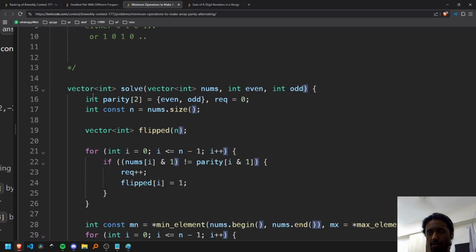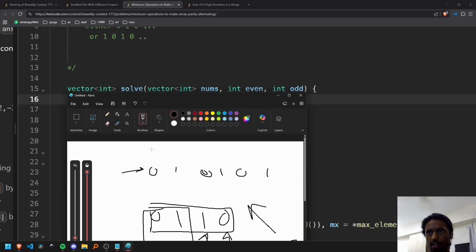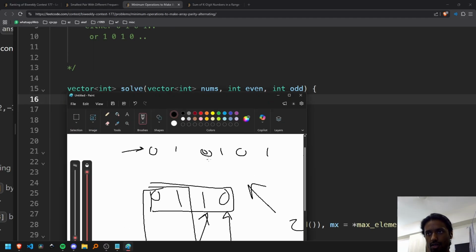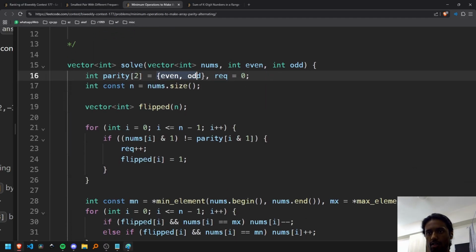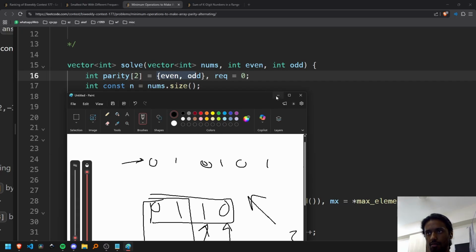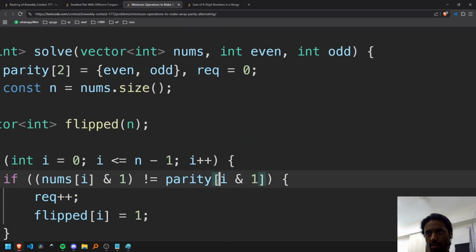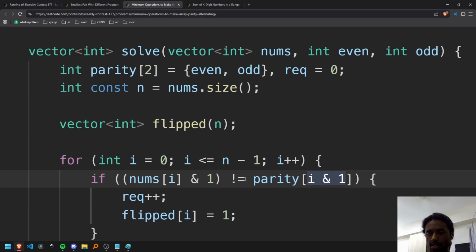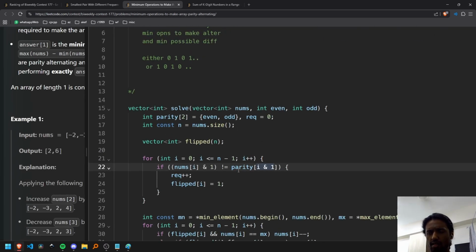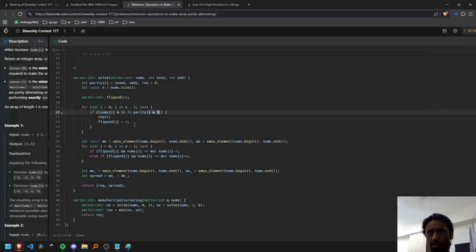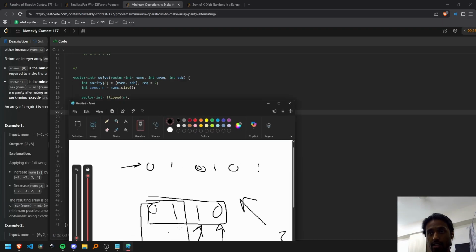I put this in an array of size 2. If I pass 0 1, then we follow the arrangement 0 1 0 1 0 1, and if I pass 1 0, then we follow the other arrangement, because I am accessing the current required value using another parity thing inside this. This is just some implementation tricks. These are not that important. You have to understand the idea first, right?